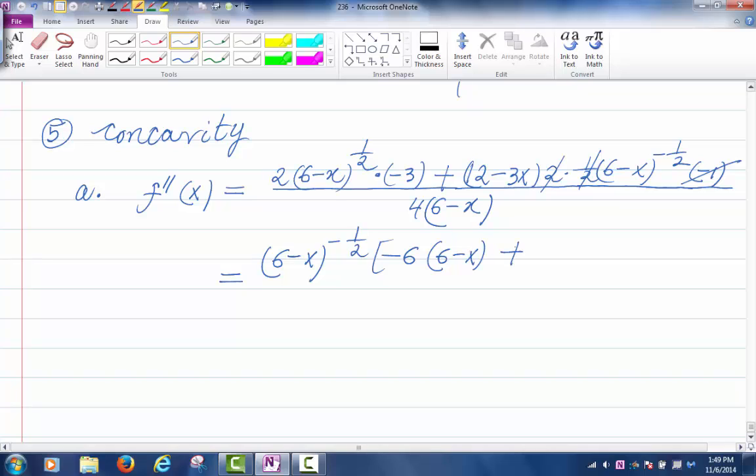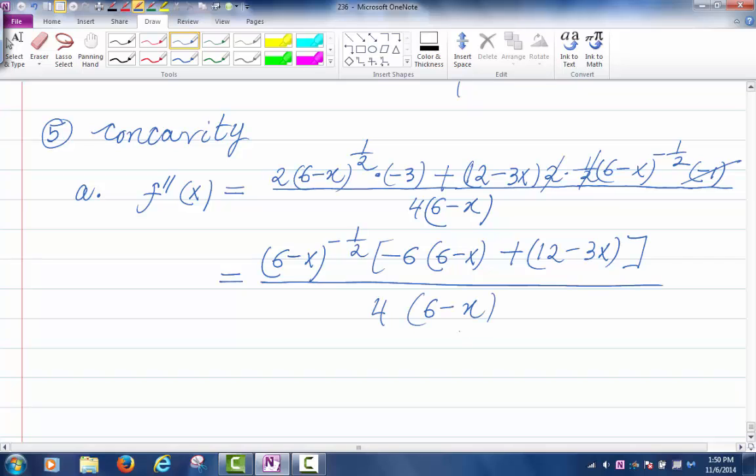And the second term is pretty easy. All I get is 12 minus 3x. Are we okay with that? And here I have 4 times (6 minus x).